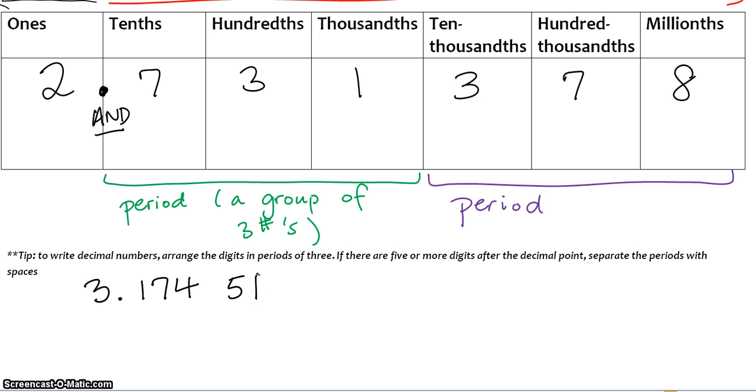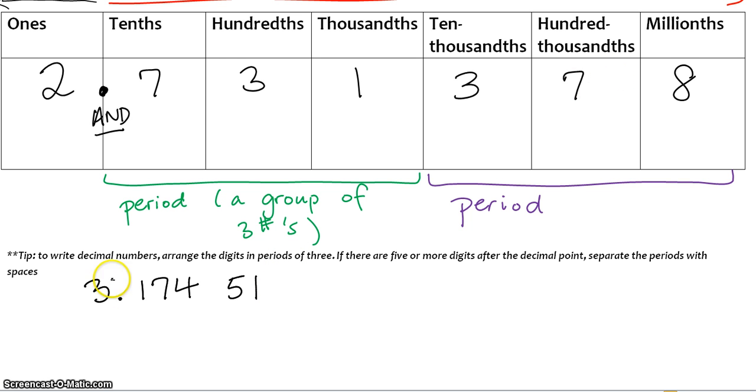Okay, now try and say this decimal number to yourself. Pause the recording and try and say it to yourself. Now, the way you would say this, looking at the place value chart to refer to, it's 3 and 174 thousandths, 51 hundred thousandths.